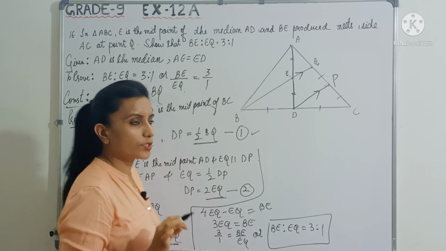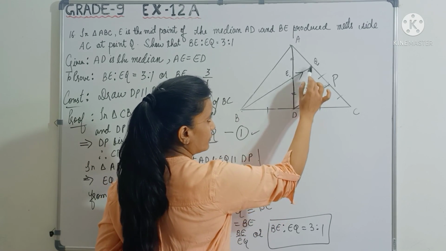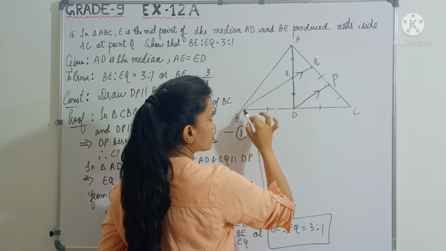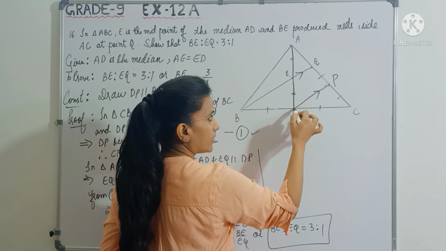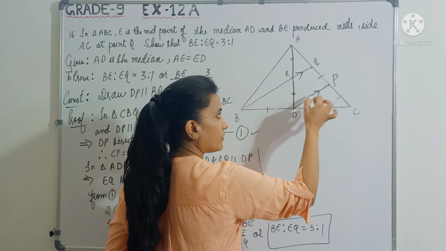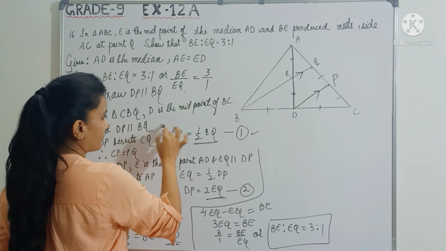This was your construction, right? Now in triangle BCQ, D is the midpoint and DP is parallel to BQ. So this implies that DP will bisect QC and DP will be equal to half of BQ. That's what we have written here.